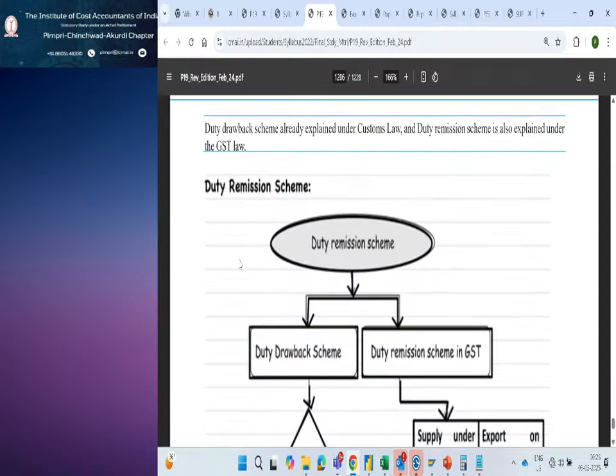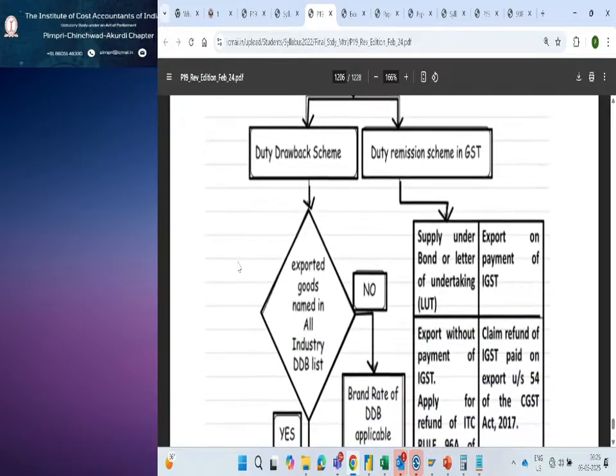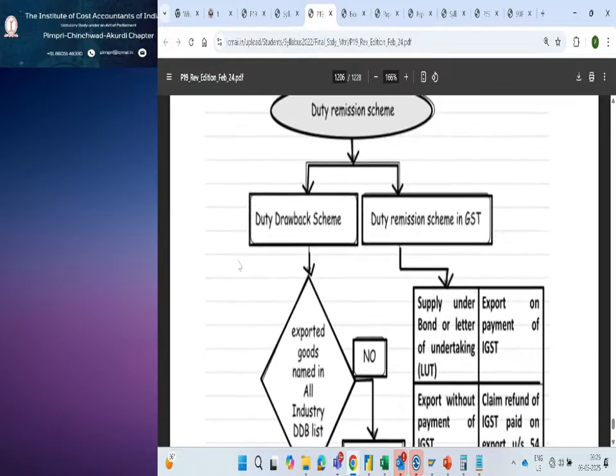The next one is related to duty remission schemes. Again we will see similar things like the validity period. When you get the license, it is a similar thing.